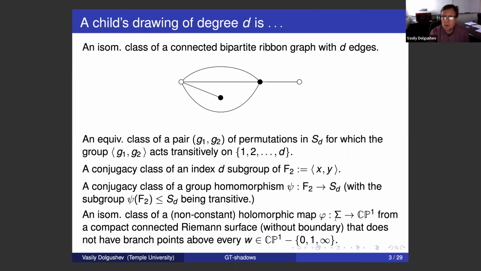All you need to do is look at CP1, take the segment on the real line from 0 to 1, and take its pre-image. You will see a graph embedded into the surface. The convention is that the pre-image of 0 is traditionally black, and the pre-image of 1 is white. Okay, that's fine. Thank you.